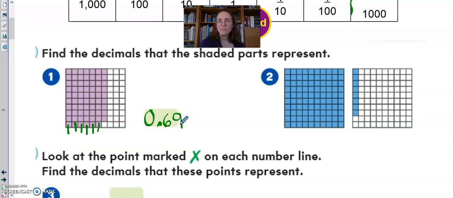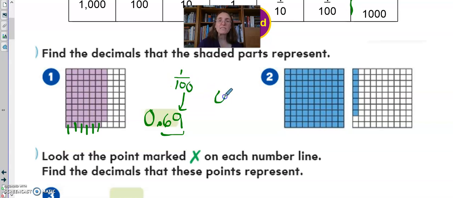Now, one of the tricks to learn when dealing with decimals is how do we even say their names? Here's how you do it. Whenever you're saying a decimal name, you're always going to land on whatever the lowest place value is. So we would call this 69 hundredths because the 9 is in the hundredths place and that is our lowest place value.